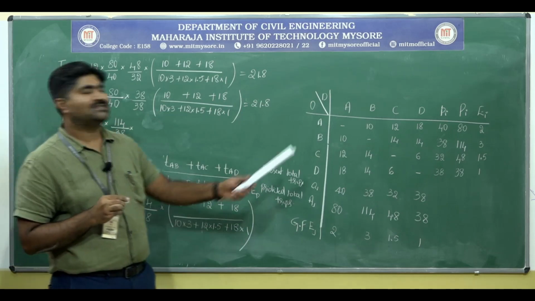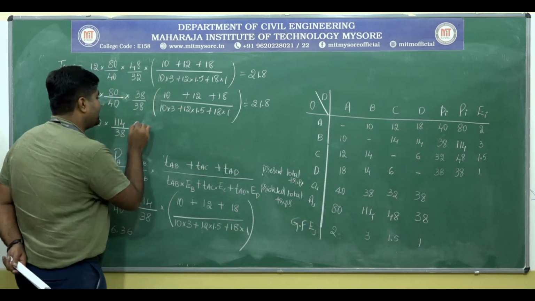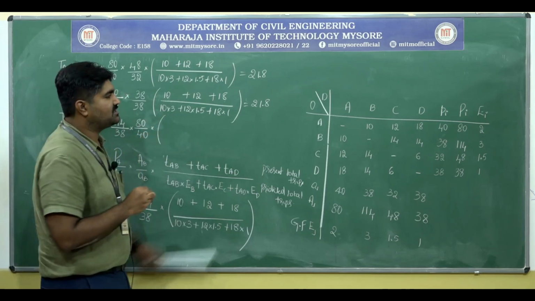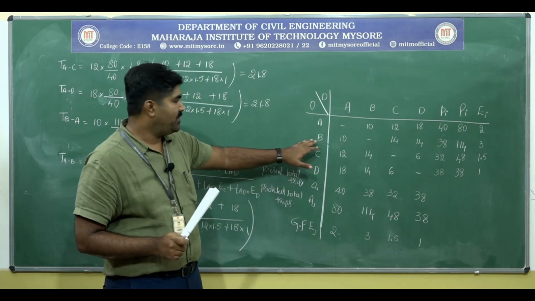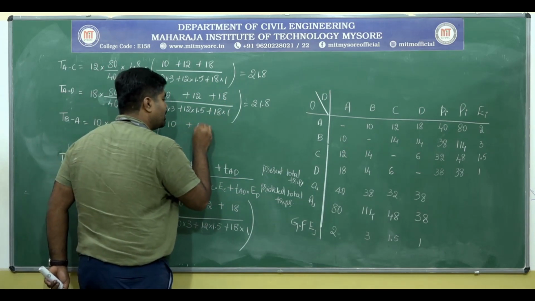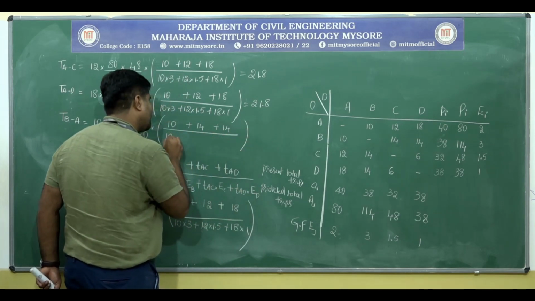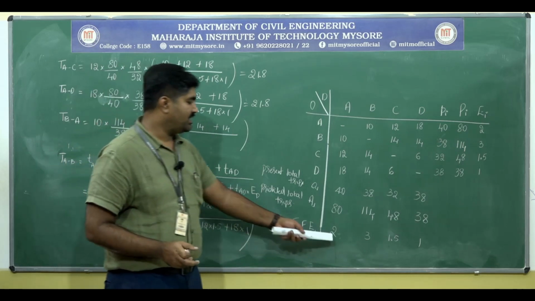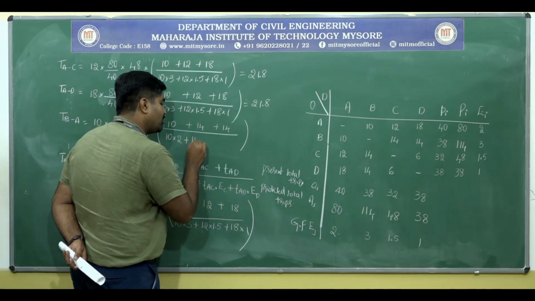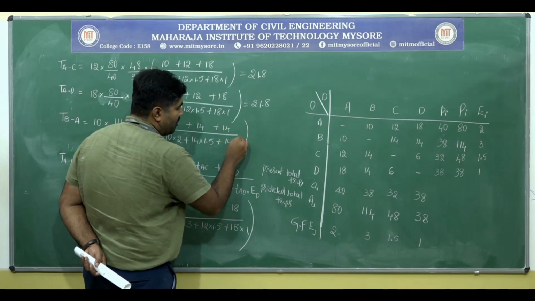It is attracting towards A, B to A. This attraction factor we should consider, that is 80 by 40, into the total number of trips radiating from zone B, 10 plus 14 plus 14, divided by 10 into the respective attraction growth factor, for 10 this is the respective growth factor 2, plus 14 into 1.5 plus 14 into 1.